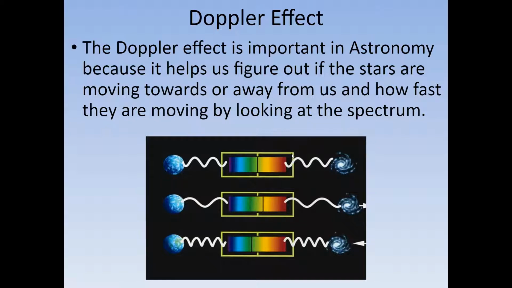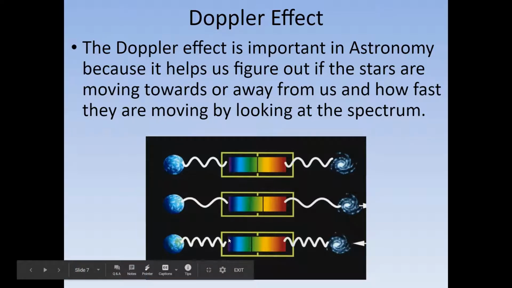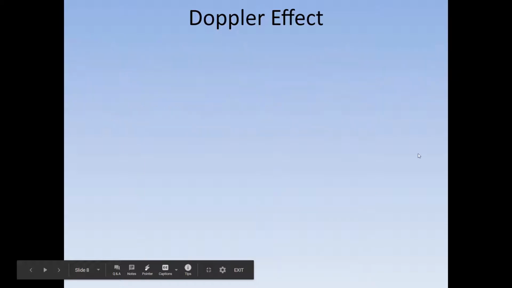So using that known fingerprint, if we see the lines are shifted more towards the red side, then that tells us that it's moving away from us. And how much it's shifted tells us how quickly it's moving away from us. On the flip side, if we see the lines shifted towards the blue side, then we know it's moving towards us. And again, the amount it shifts is how fast it's going.